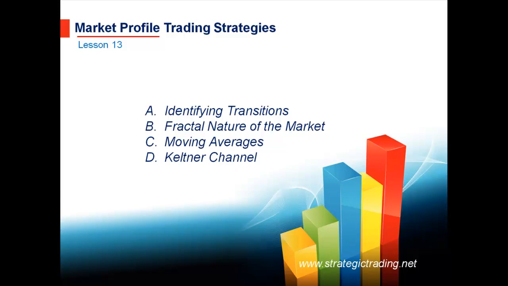And then we're going to get into a brief look at some of the traditional technical indicators that help us in determining more precise, more accurate entries, and also help to give us a confirmation regarding some of the ideas that we may have about the market. So today we're going to talk a little bit about moving averages and the Keltner channel. So that's what we have on the agenda for today, and let's go ahead and get started with transitions.